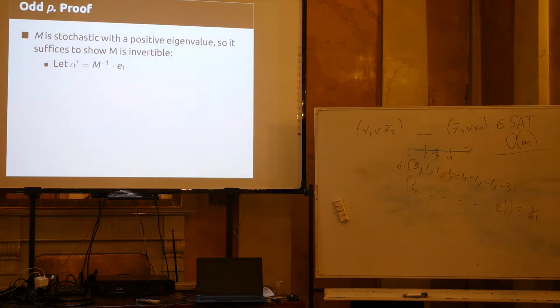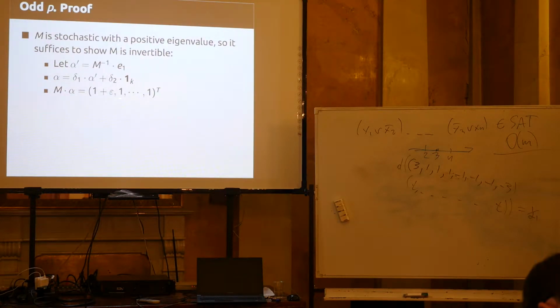And this tells us that it actually suffices to prove that M is invertible. Then I will be able to find such an alpha that M times alpha is exactly of the form that I want, just because I can invert the vector 1, 0, 0, 0, 0 because M is invertible.